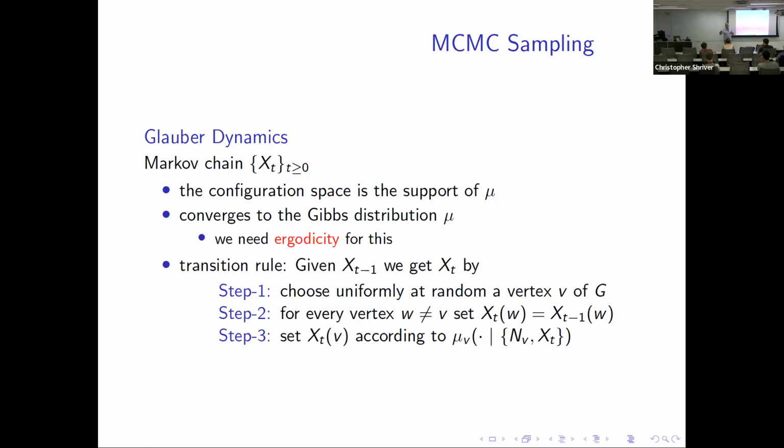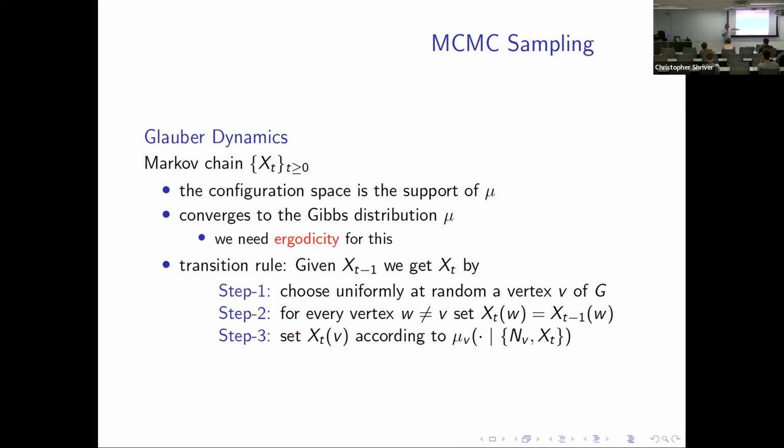If it's the Ising model, then the configuration space is the assignments of plus or minus 1 to the vertices of the graph. If it's the hardcore model, it's independent sets. The Glauber dynamics is set up so that it converges to the Gibbs distribution we want to sample from.